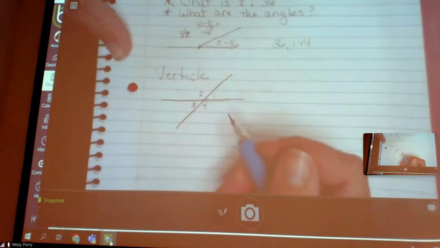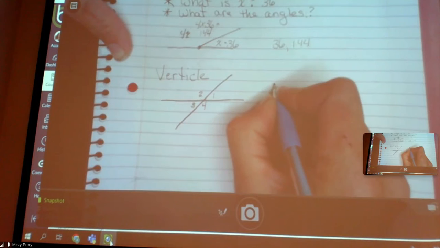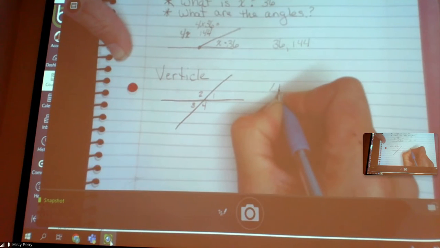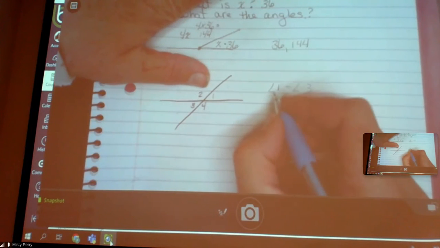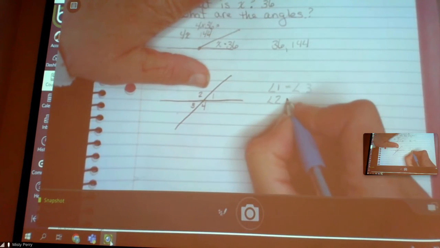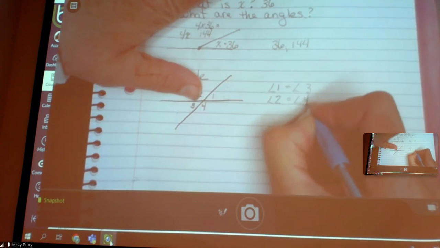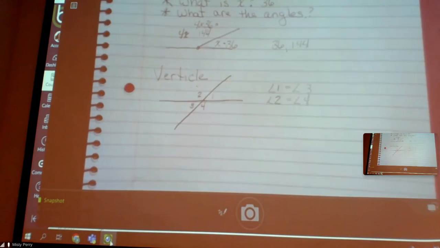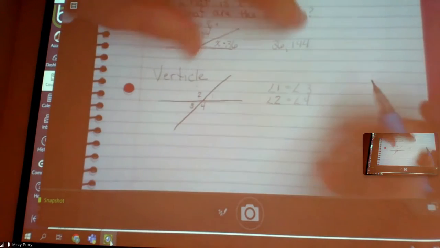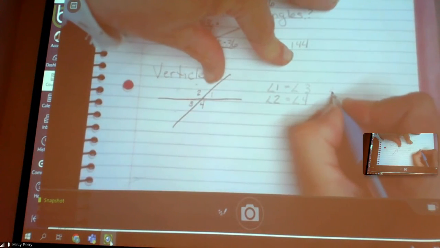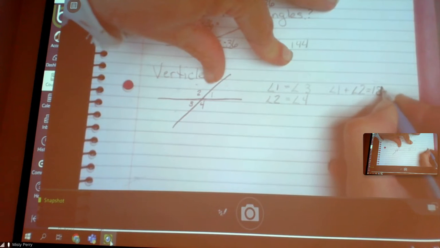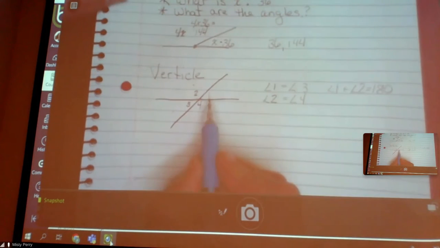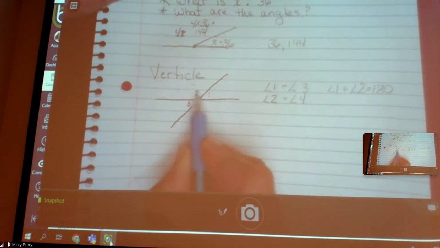Now, I know the angle 1 is going to be equal to angle 3 because these are vertical angles. I know angle 2 is going to be equal to angle 4 because those are vertical angles. I also know that angle 1 plus angle 2 equals 180 because they're adjacent over a straight line.